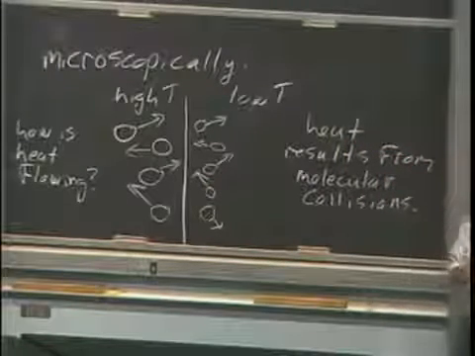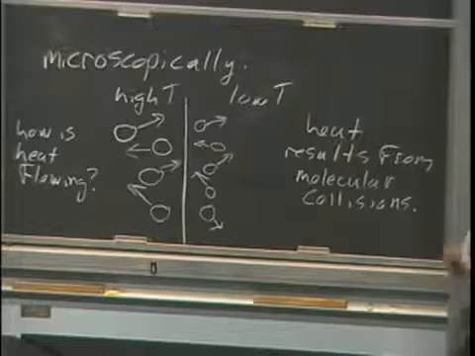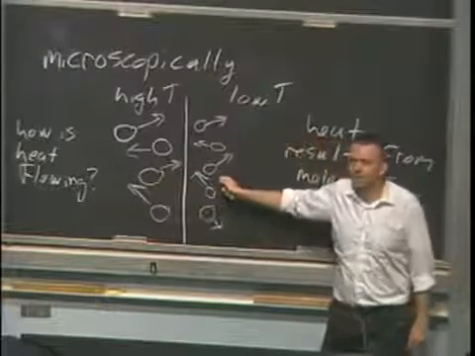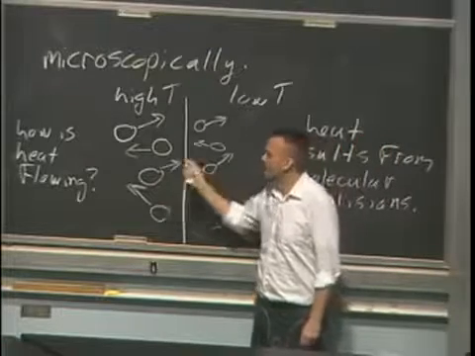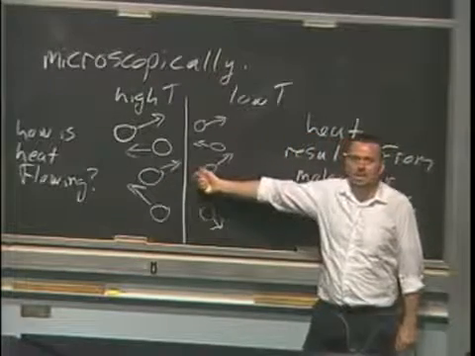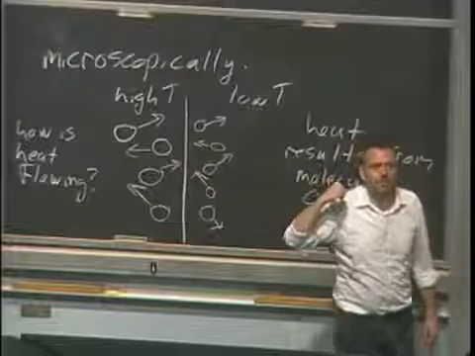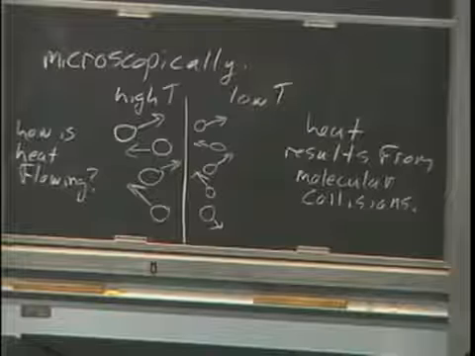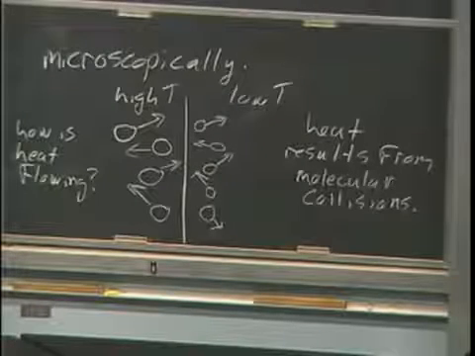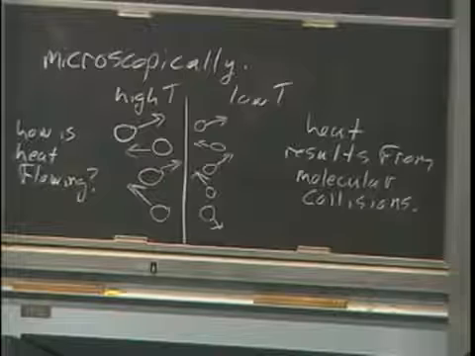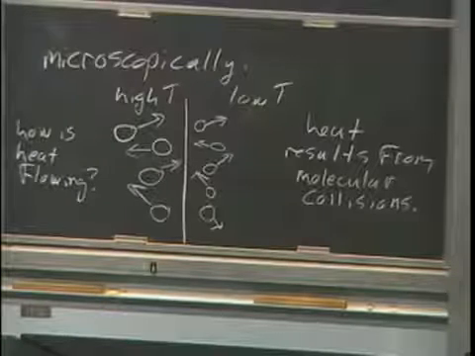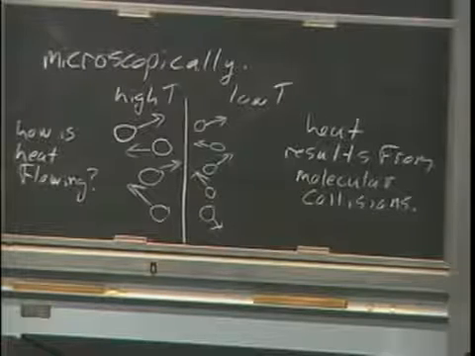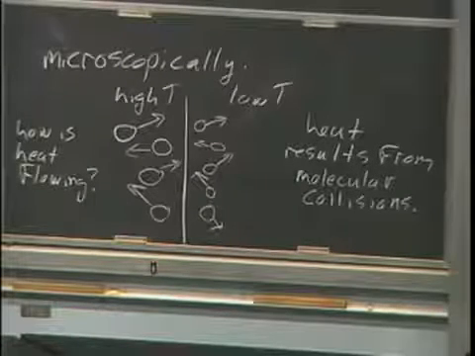So when we have a bunch of these microscopic collisions going on, if these molecules have a higher energy on average than these molecules, then once they start colliding with each other, the energy will tend to get transferred from the high energy molecules to the low energy molecules in those collisions. So in this sense, in fact, we have a very specific definition of temperature.